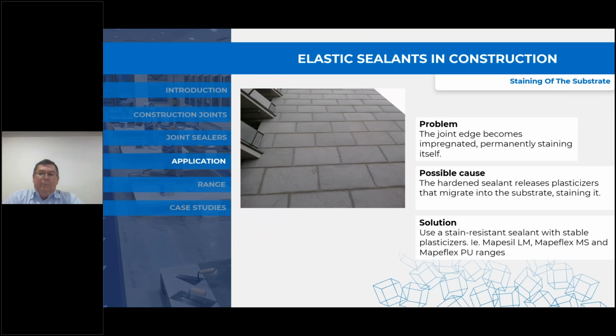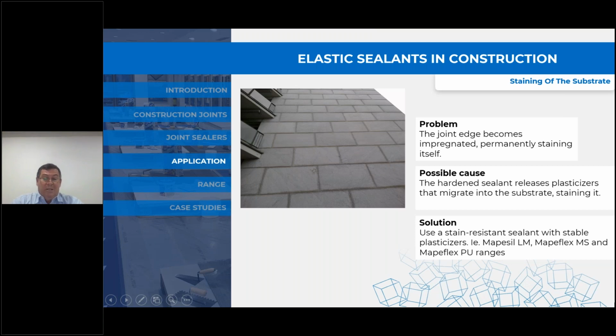Okay, this is an interesting one, and not everybody finds this out the easy way. They sometimes find it out the hard way. So staining of substrates is a real problem. Generally on porous substrates and natural stone, the joint edges become impregnated or permanently stained.